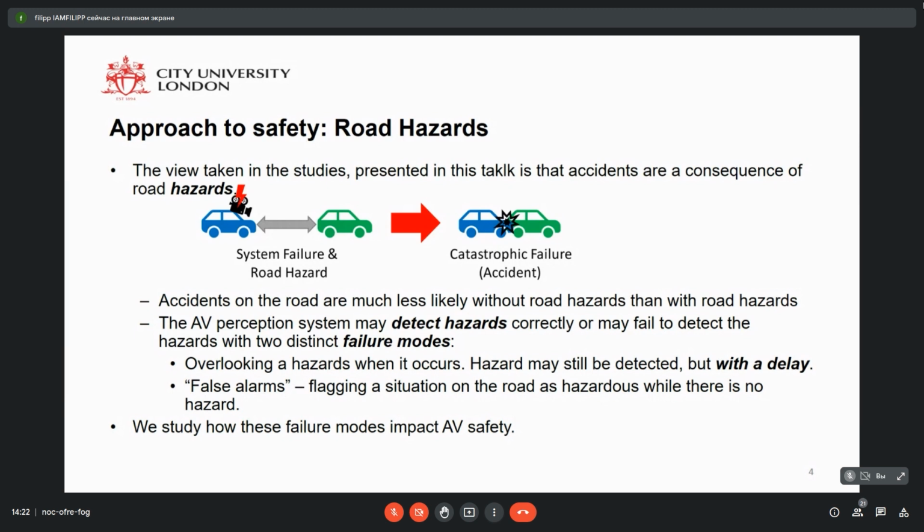This is strictly not true, because if you're driving on the road and there is another car behind you, and your AV suddenly, without any obvious reason, stops because the perception system decided that there was something dangerous on the road, the guy behind may not realize that you're having a false alarm and they may hit you big time. So this may lead again to an accident. So we're looking at this aspect too.